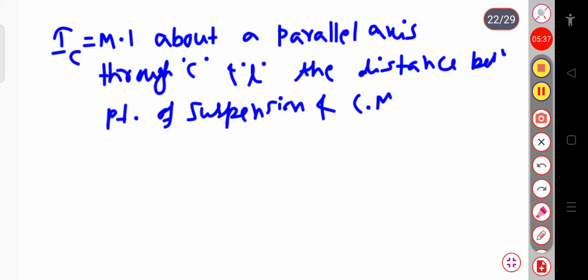Or simply, IC is the moment of inertia about the center of mass.